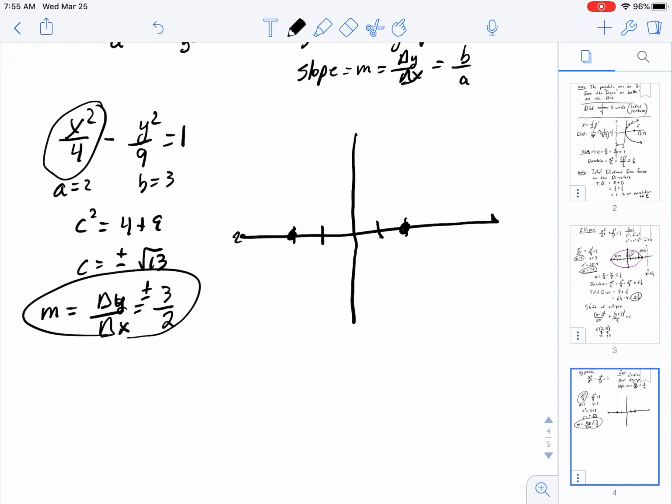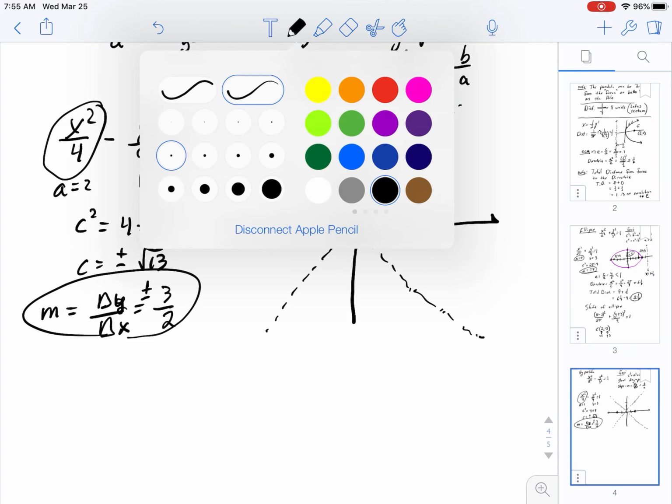So I'm going to go out, or actually in this case go up 3, 1, 2, 3 over 2. And therefore we have this one. And therefore we have the negative slope. And all that does is kind of help us draw out the hyperbola.